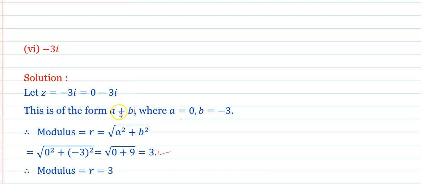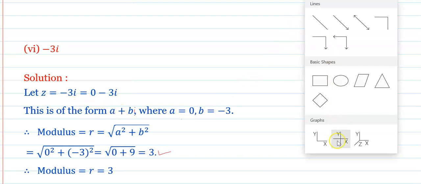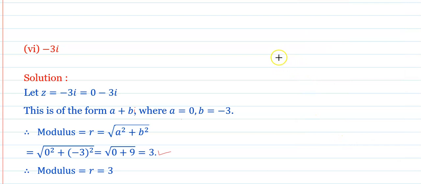Again here the x coordinate is 0 and the y is negative, and therefore by coordinate geometry we can say that the given point lies on the negative y-axis, and hence the amplitude is 3 pi by 2. This will be the point, that is 0 and here minus 3.